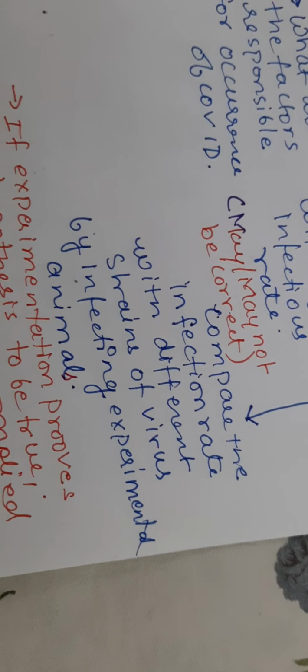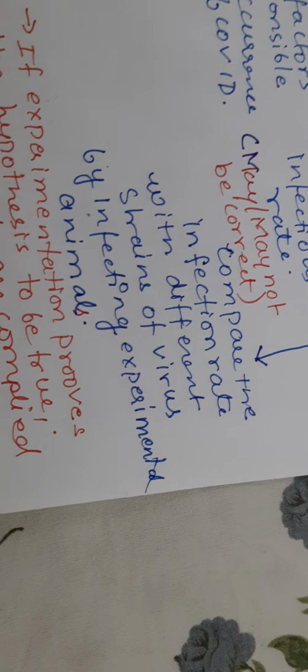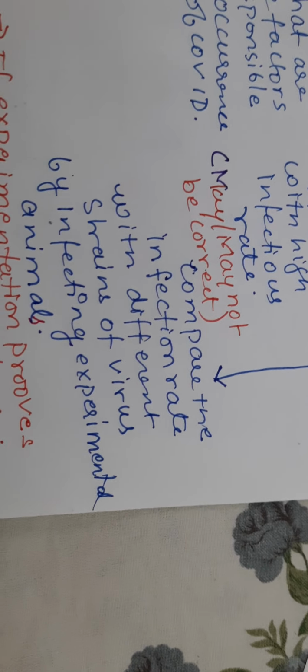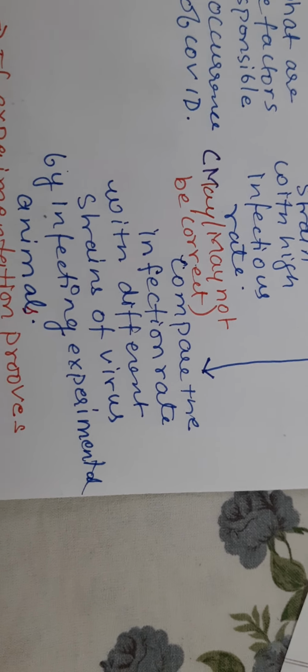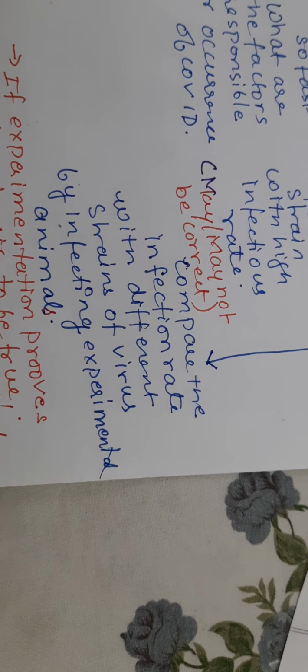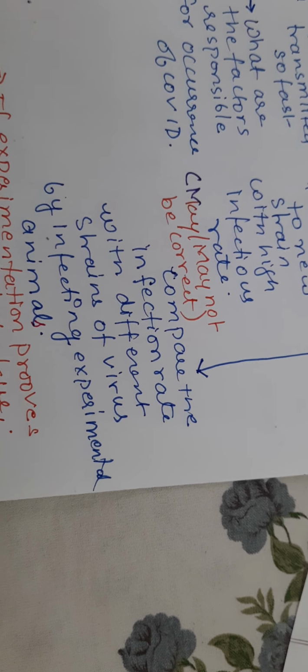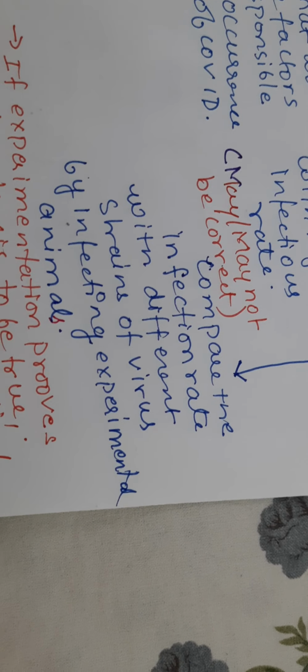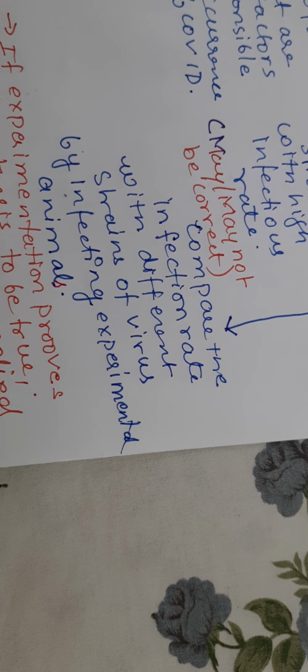Now in the experimentation, what we do is compare the infection rate of the different strains of virus by infecting experimental animals in the laboratory, and we find whether it has undergone mutation or whatever the new strains are, whether they are capable of infecting at a higher rate than the previous one.